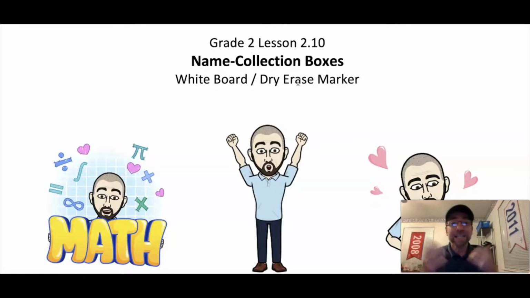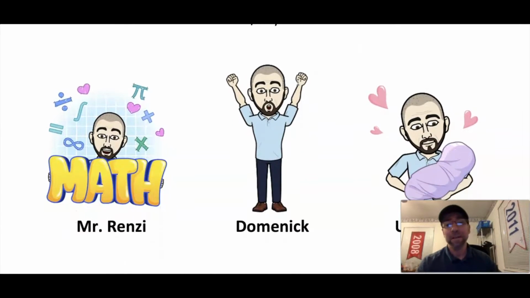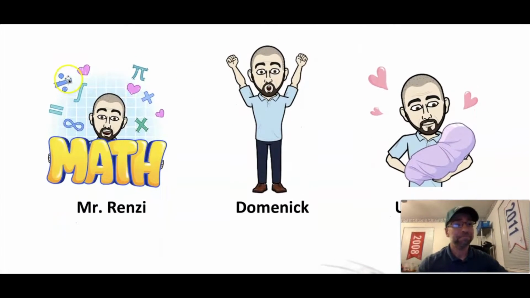So, I started by saying that Mr. Enzi has a lot of different names. Let me show you what I mean. When I'm in school, I'm called Mr. Enzi, and I teach math. When I'm at home, I'm called Dominic, because that's my first name.